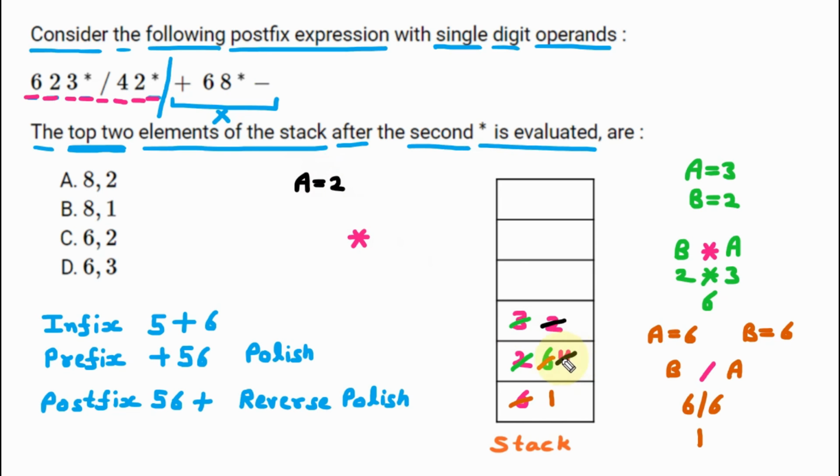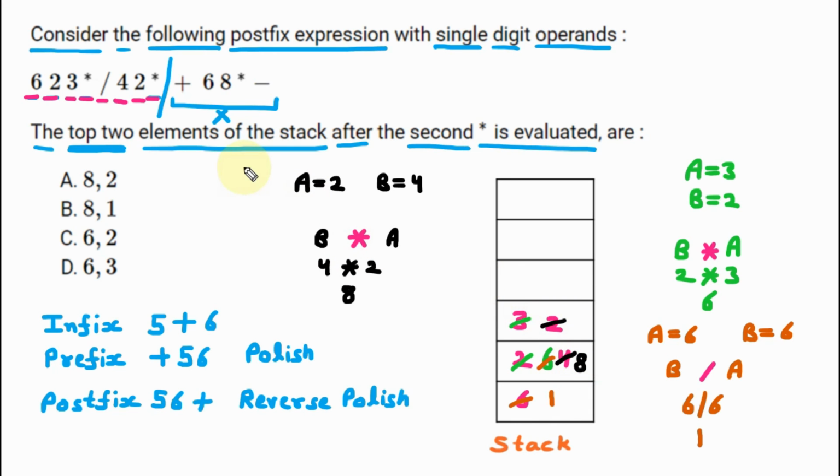Then the next element is popped and taken inside the B. So the value of B is 4. And we need to calculate B operator, and the operator is star, A. The meaning is 4 multiplied with 2, that is 8. So this 8 will be pushed back to the stack.